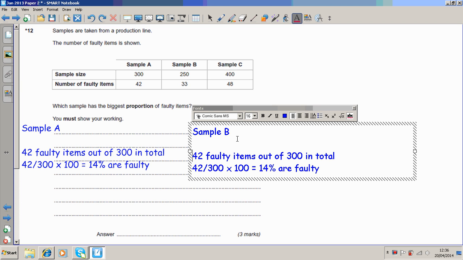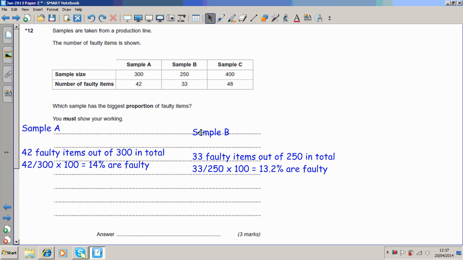I've been a bit lazy there, a bit of a cut and paste. So sample B, we've got 33 faulty items out of 250 in total. So to work that out as a percentage, you do 33 divided by 250 times 100, which is 13.2% faulty on that one.